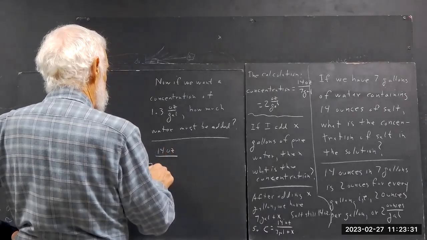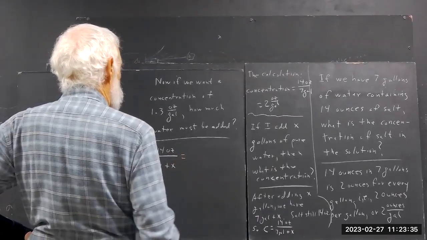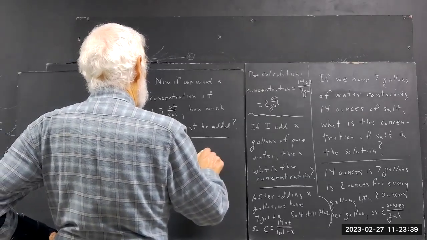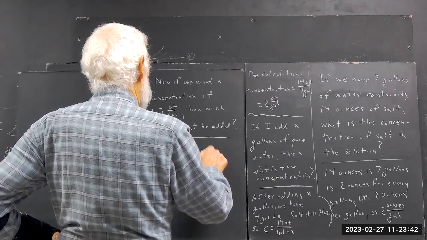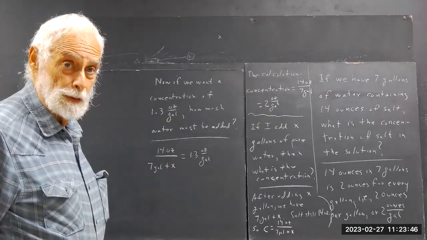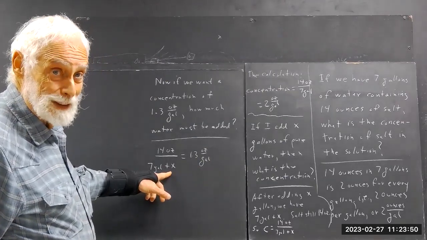The equation was good. You wrote down the equation: 14 ounces over 7 gallons plus X equals 1.3 ounces per gallon. Now, I've got my ounces and gallons throughout the equation, okay? I don't want gallons on X because X is already in gallons.